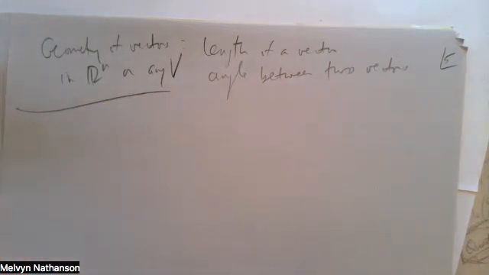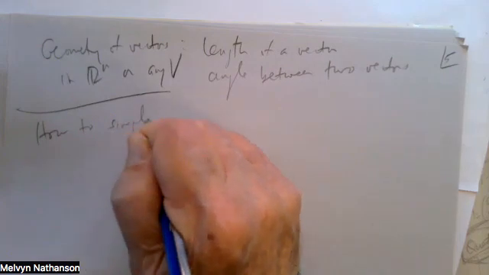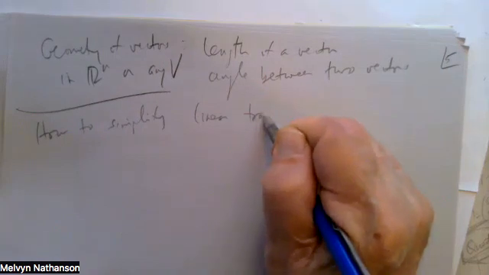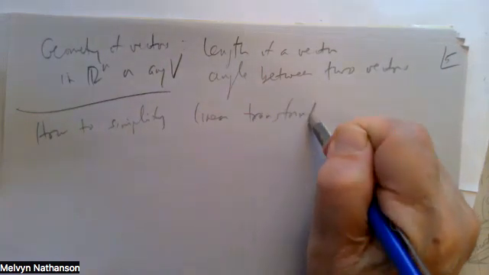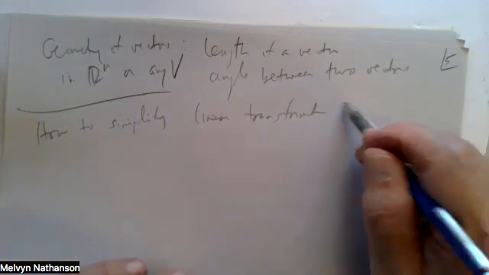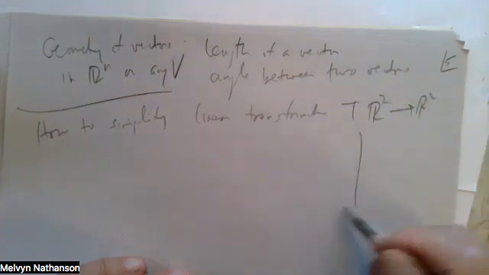And the second thing is, in some sense, how to simplify a linear transformation. Let's say even in the plane, suppose you have T from R2 to R2.